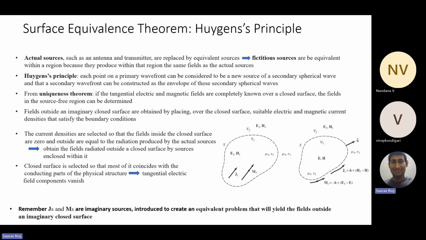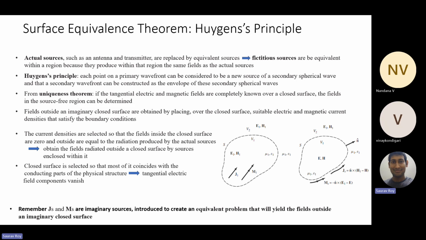So our region of concern is V2, because we need to know, at 1 meter distance, what is the field given by E1 H1 at V2. We don't care about what is happening at V1. V1 will be enclosed by some surface, and we will calculate some equivalent sources on it such that the solution outside, E1 H1, is the same.